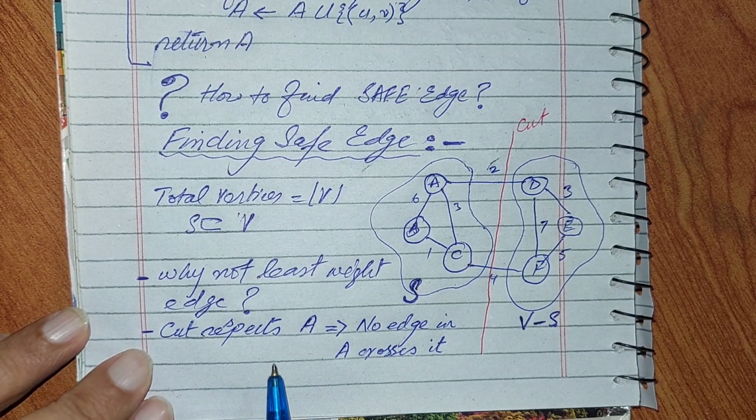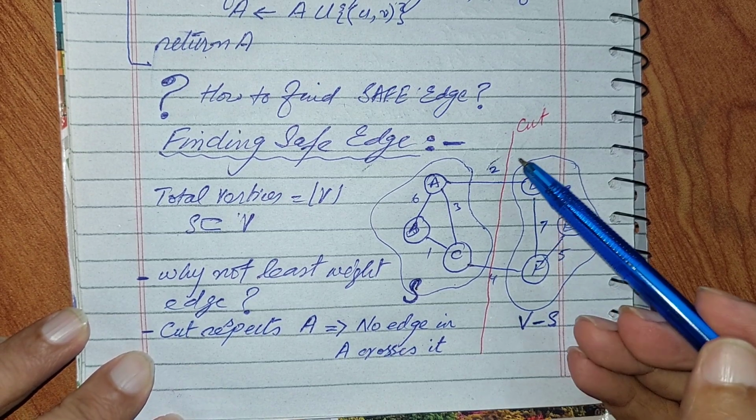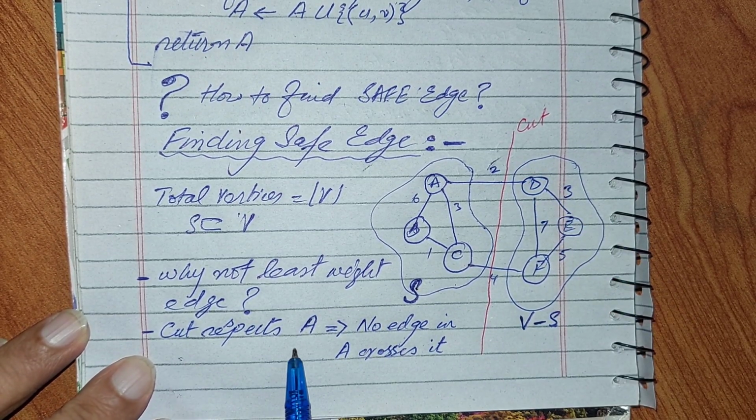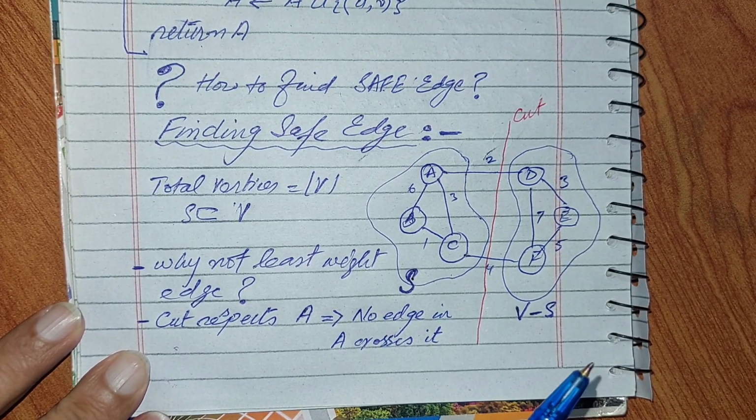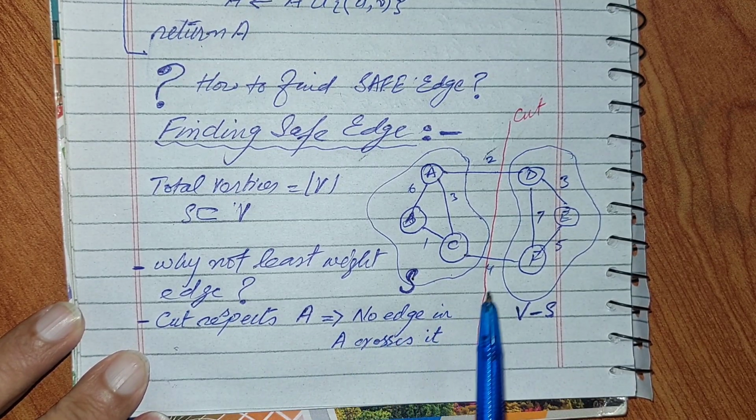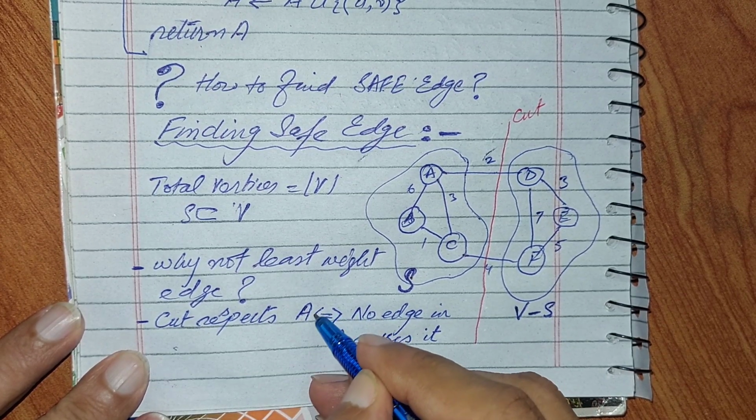We can see that this red cut respects A. What does respecting mean? It means this cut is not crossing any edge in A.